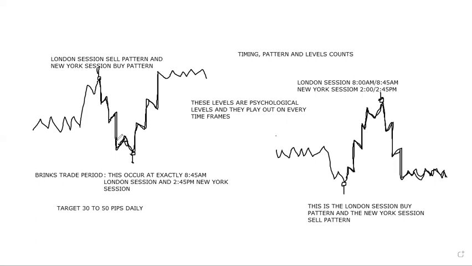A lot of people find it very difficult to understand level counts. Why is it difficult? Because most of the time these things don't just number 1, 2, 3. Most of the time they go beyond 1, 2, 3.